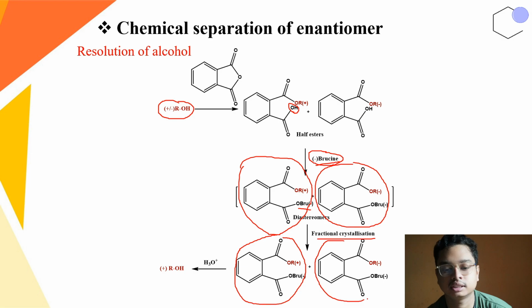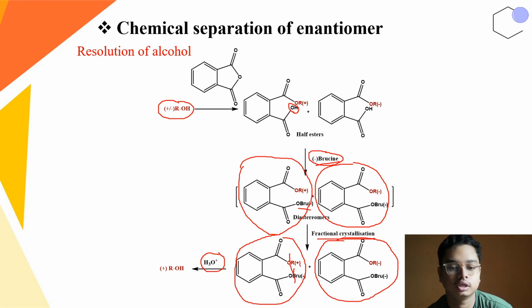Since these two compounds are now diastereomers, the separation is very much easy. And now we simply add acid hydrolysis to cut this compound as well as this particular bond.